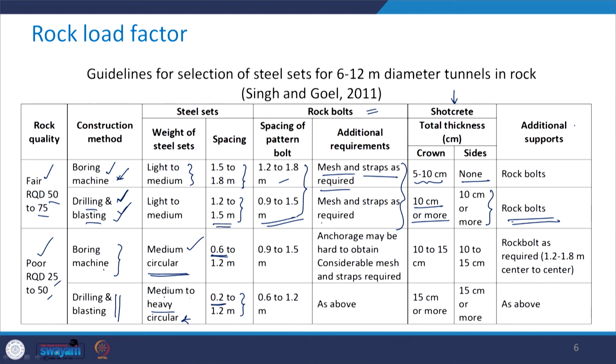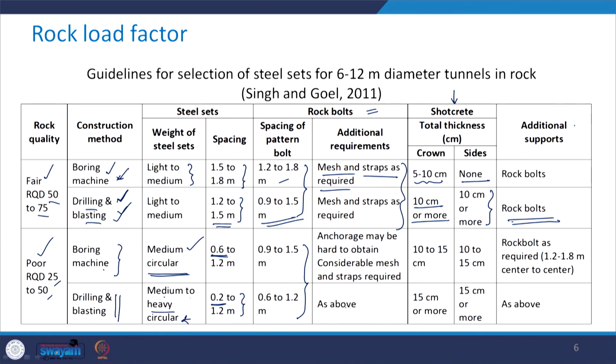Similar is the situation in case you have the rock bolts. So, you can compare and get the idea of how, based upon the construction method, the requirement of the support system also changes.